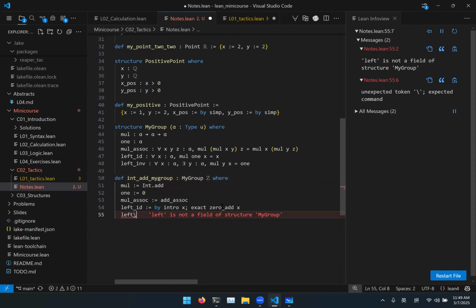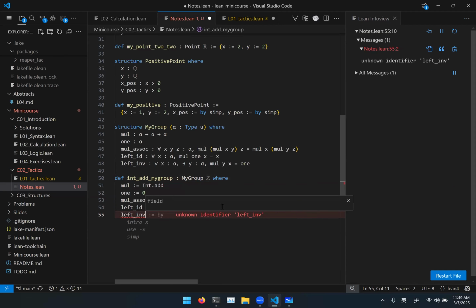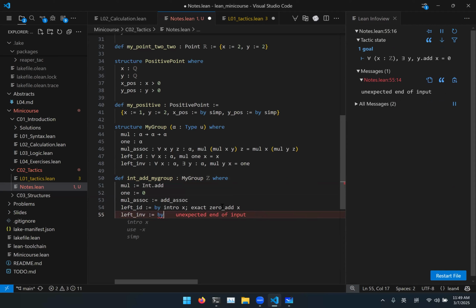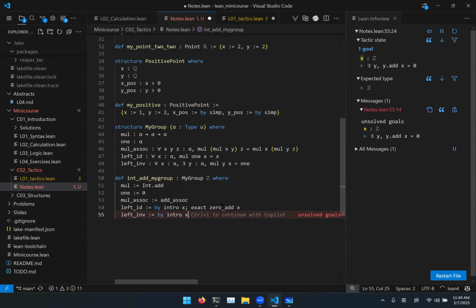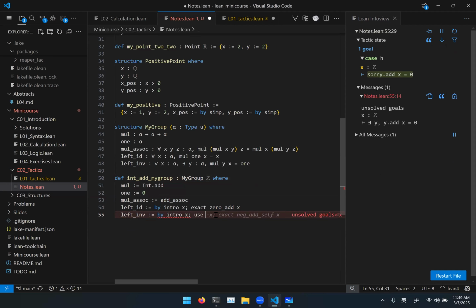So for the left inverse, it is by intro x, and now we need to use this. We need to pick y to be the inverse of x, which with respect to addition is just negative x.